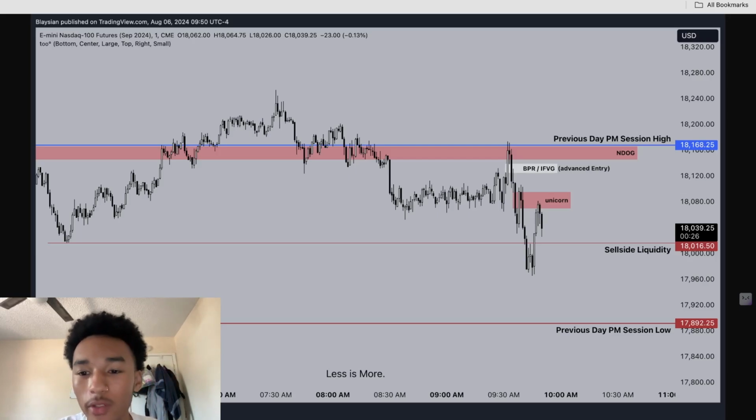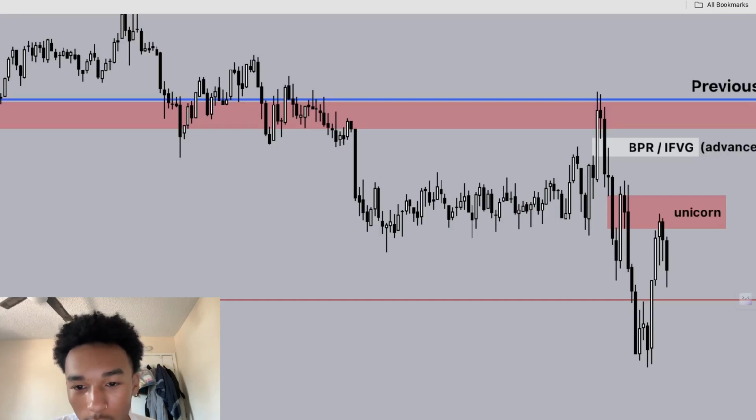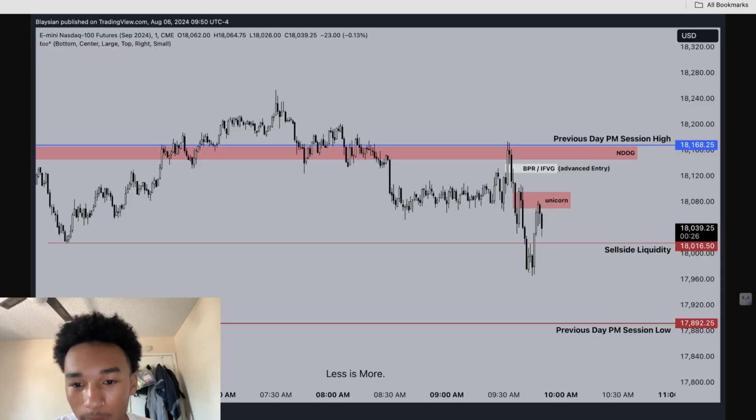So we start off with this consolidation here, right? We priced absolutely nothing, and then New York Stock Exchange opens at 9:30, right around here.